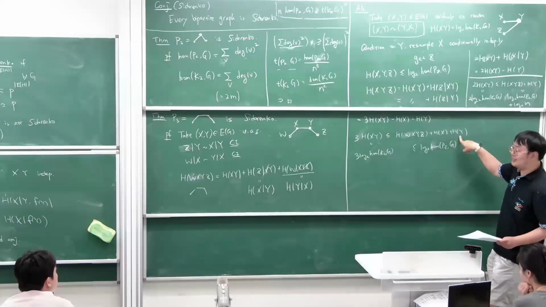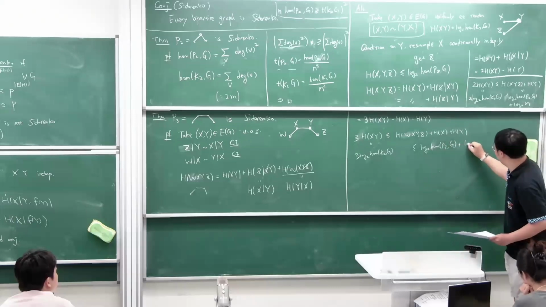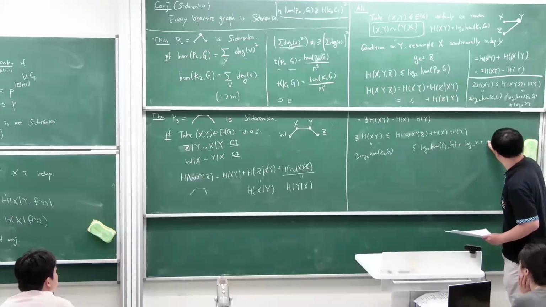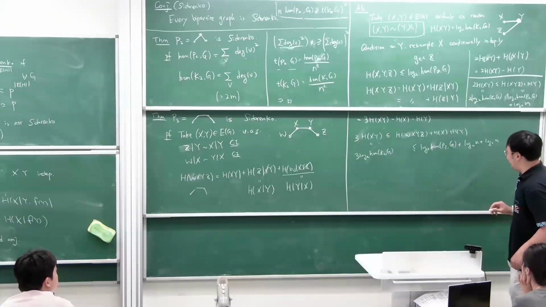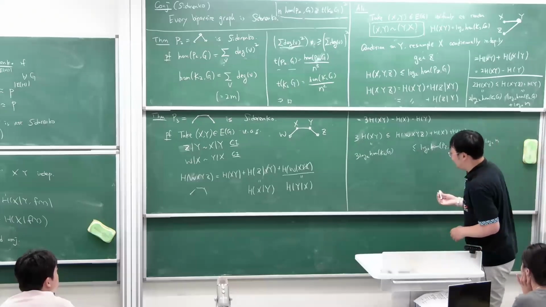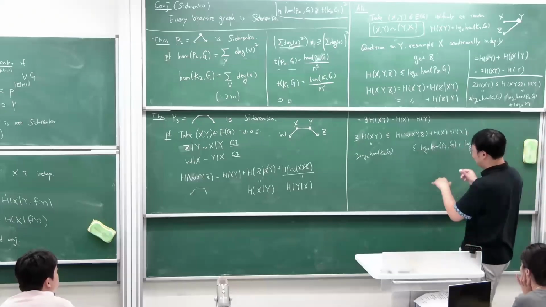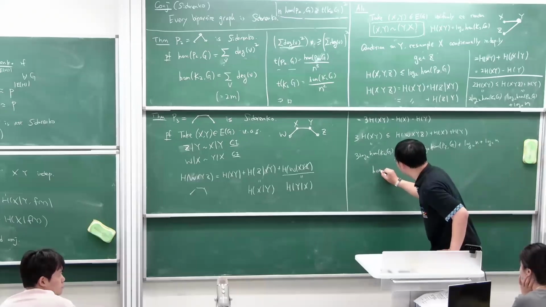And this is a vertex, this is a vertex. And if you take the exponential back and rearrange terms, you end up with this inequality.